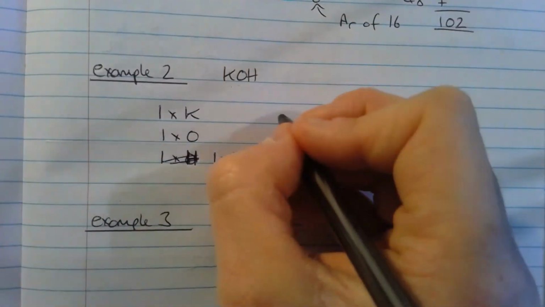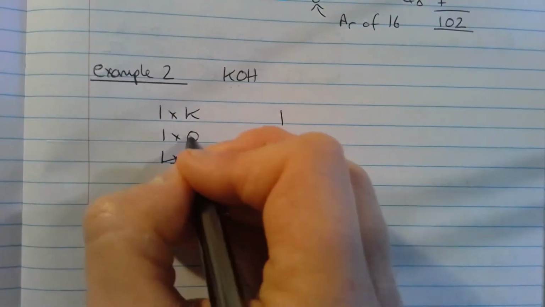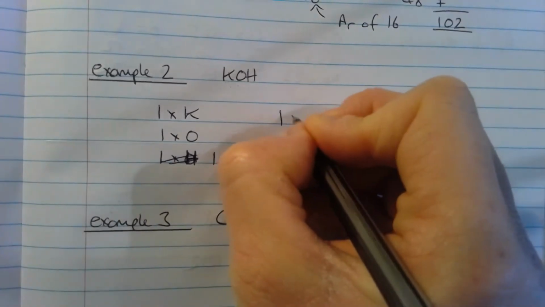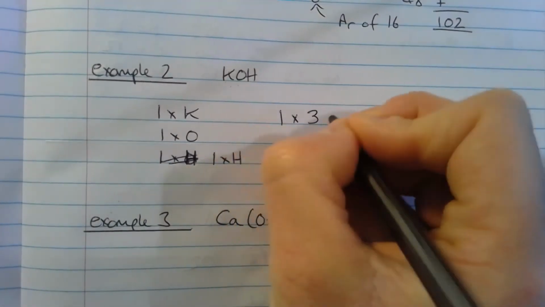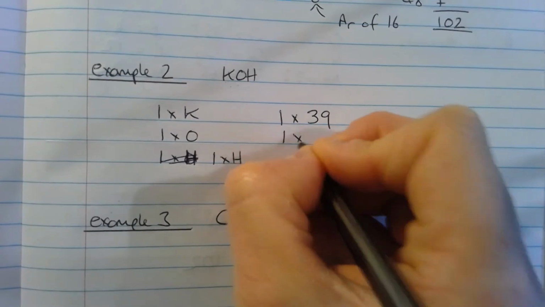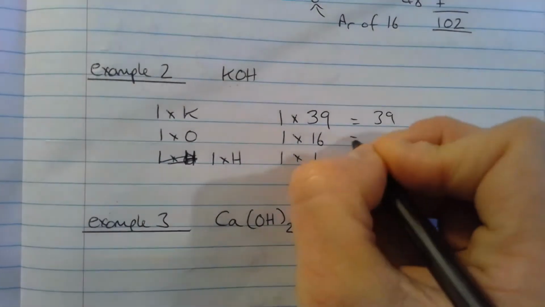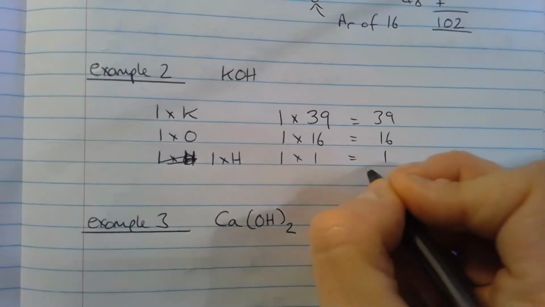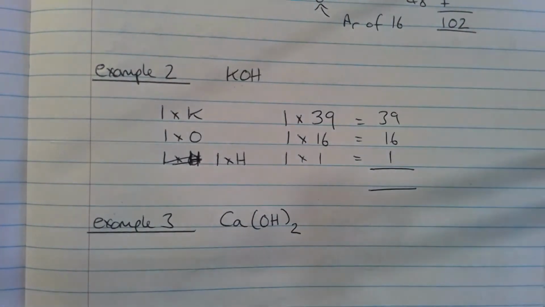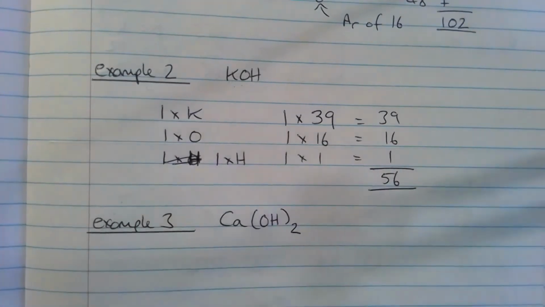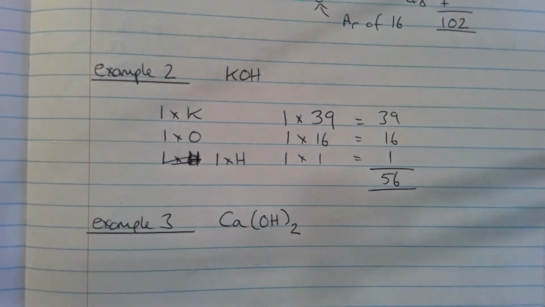So let's replace these symbol letters with their relative atomic masses. I'll need to use the periodic table to find those, but these are what they are. So those are the answers there, which gives us a relative formula mass for potassium hydroxide of 56.